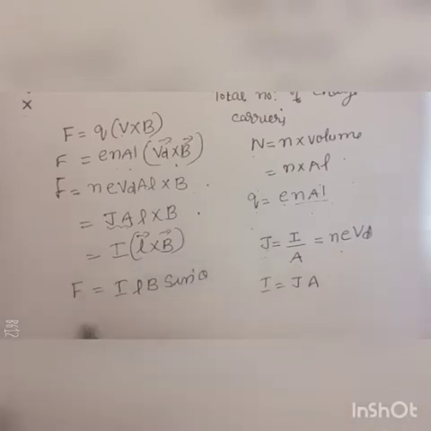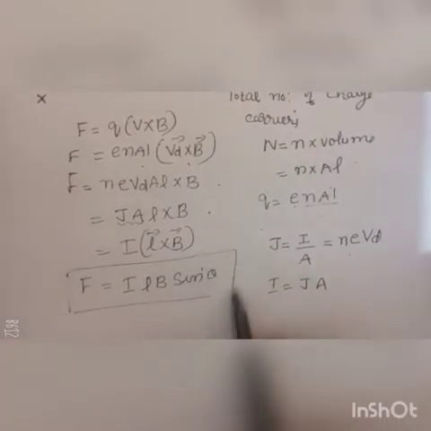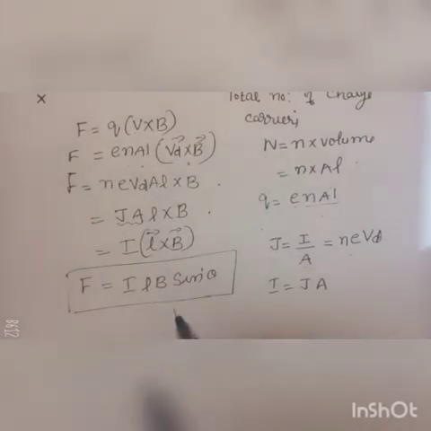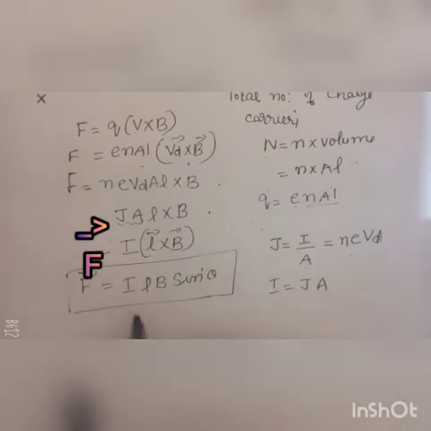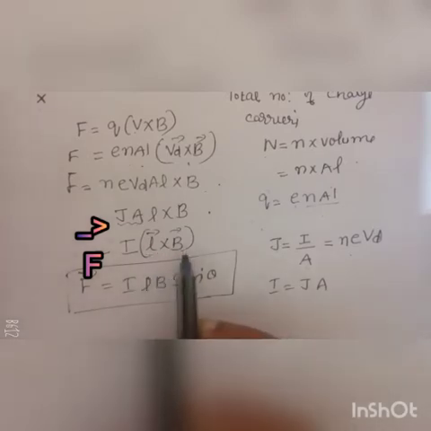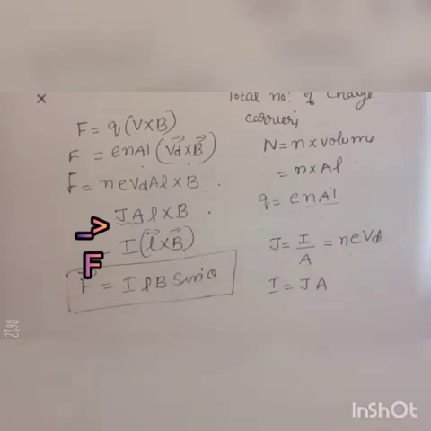That is, F is equal to I L B sin theta. This is the expression for magnetic force on a current carrying conductor. You have to write it in vector notation: vector F is equal to I into vector L cross B.